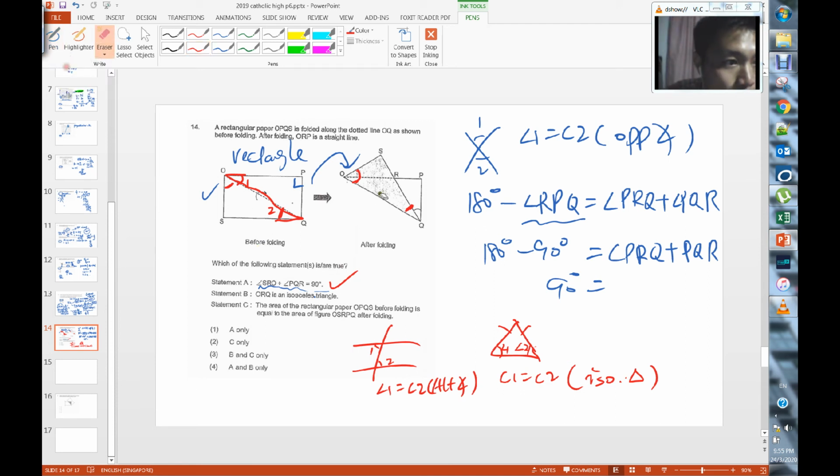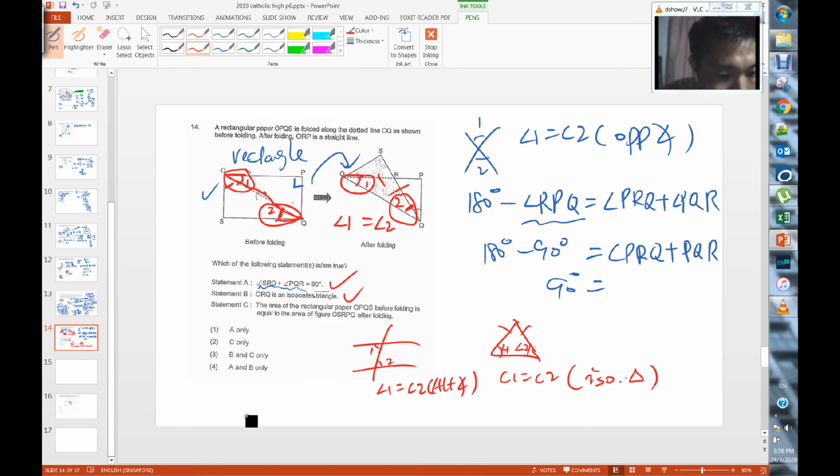This is your angle 1, can you see? And this is your angle 2. So clearly angle 1 is equal to angle 2. If angle 1 is equal to angle 2, that means this is an isosceles triangle. So that means statement B is also correct.